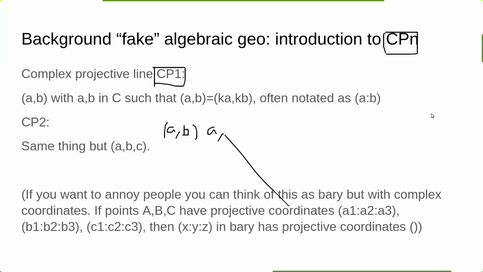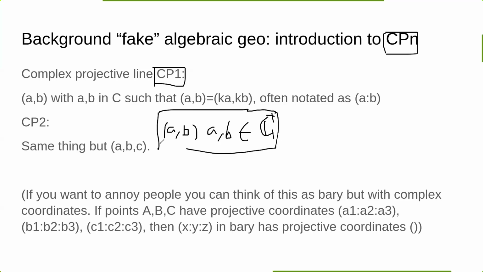You define A, B such that A, B in the complex plane like this, and such that A colon B is equal to kA.